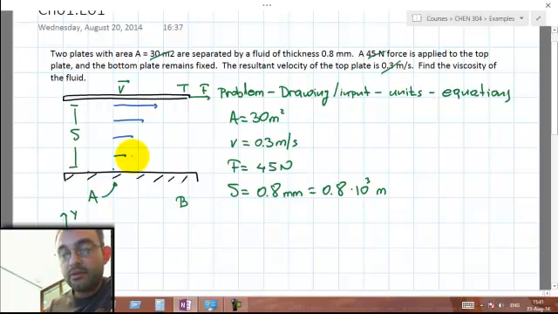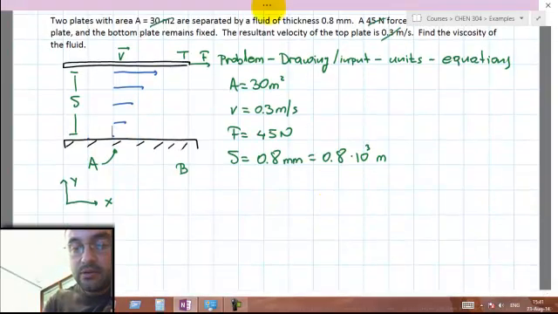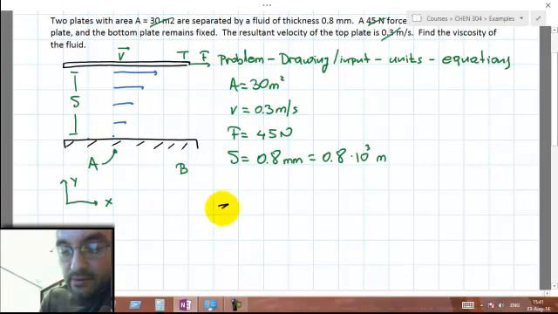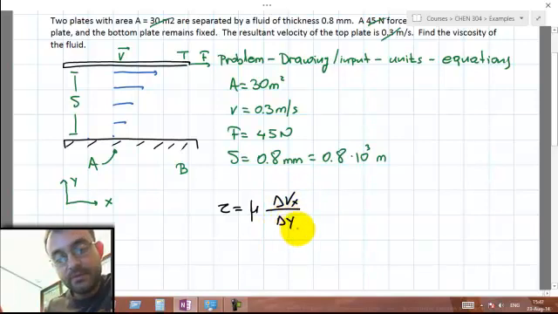From Newton's law for viscosity, we know that the shear stress equals the viscosity times the velocity difference over the depth, the thickness.